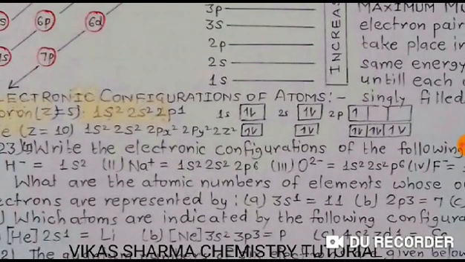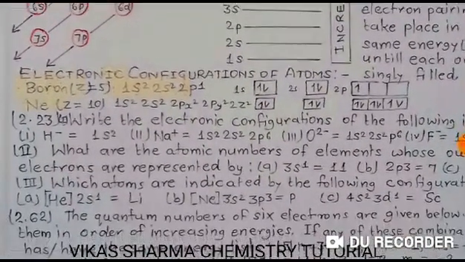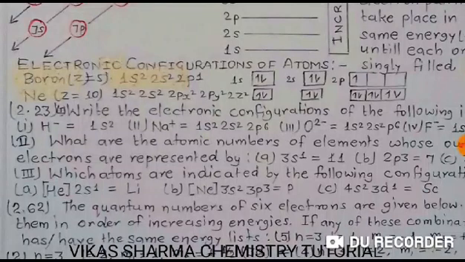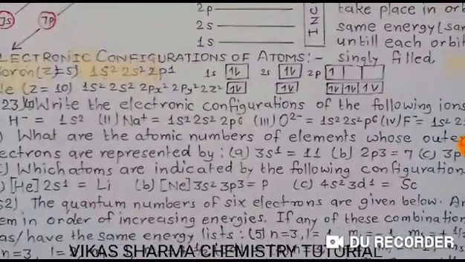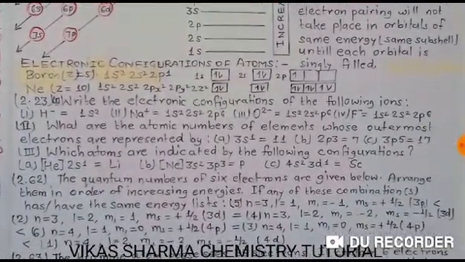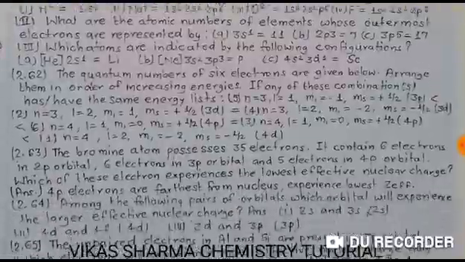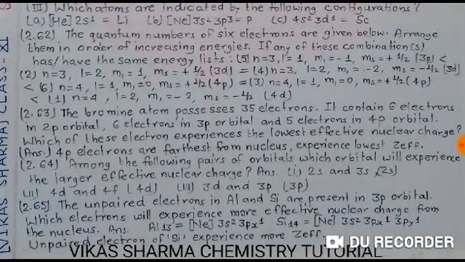First we fill singly, not all completely, then they come into the next shell. Then neon 1s2, 2s2, 2px square, 2py square, 2pz square. So students, according to all these theories, questions 2.62, 2.63, 2.64 and 2.65 are totally based on this.